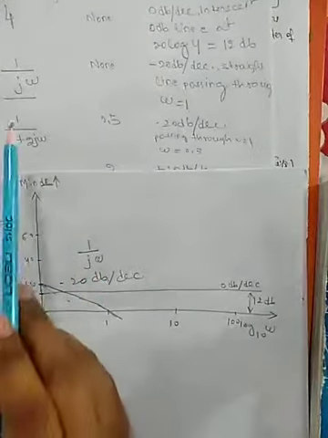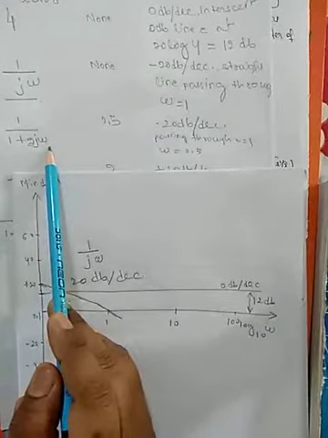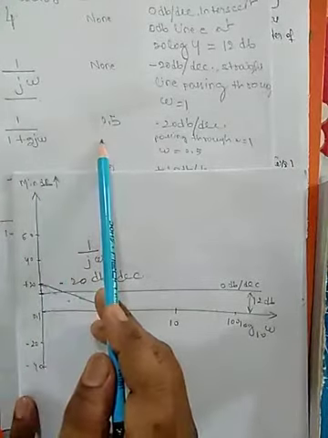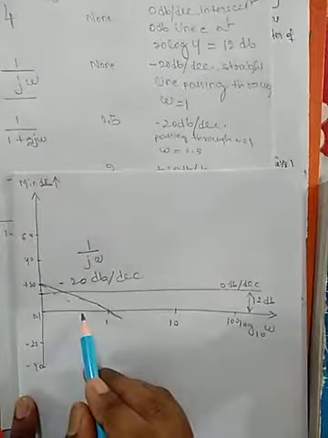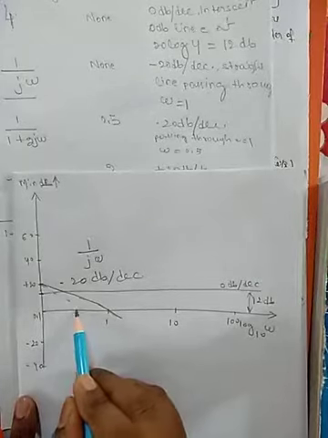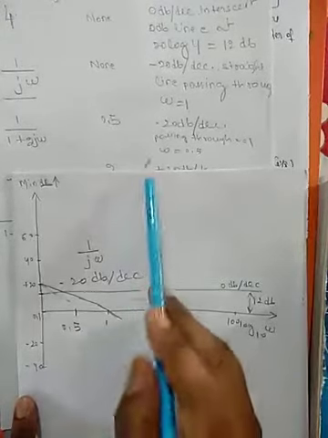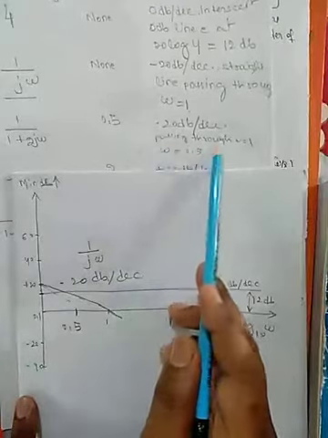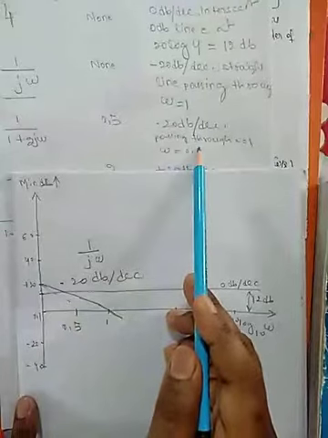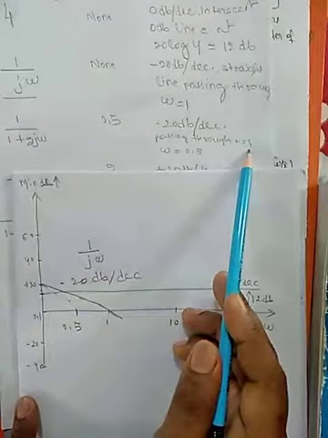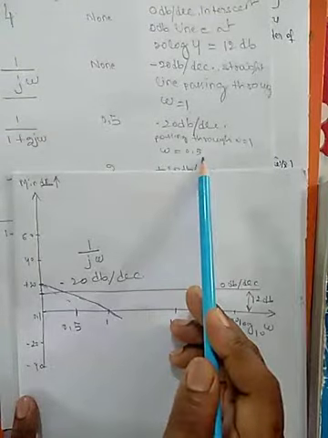Then for the next factor, 1 by 1 plus 2j omega, the corner frequency is 0.5. Let this one be 0.5. Slope is minus 20 dB per decade, passing through omega equal to 1, and starting from corner frequency 0.5.